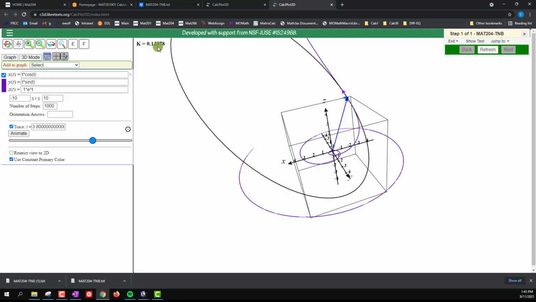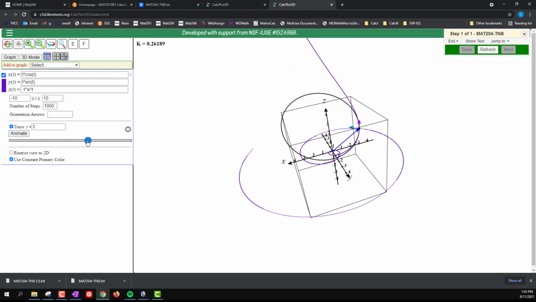So as the curvature gets closer to 0, the size of this oscillating circle in radius approaches infinity. So the bigger the curvature, like down here we've got a big curvature value, the smaller the radius of the oscillating circle. That's something I've already said.